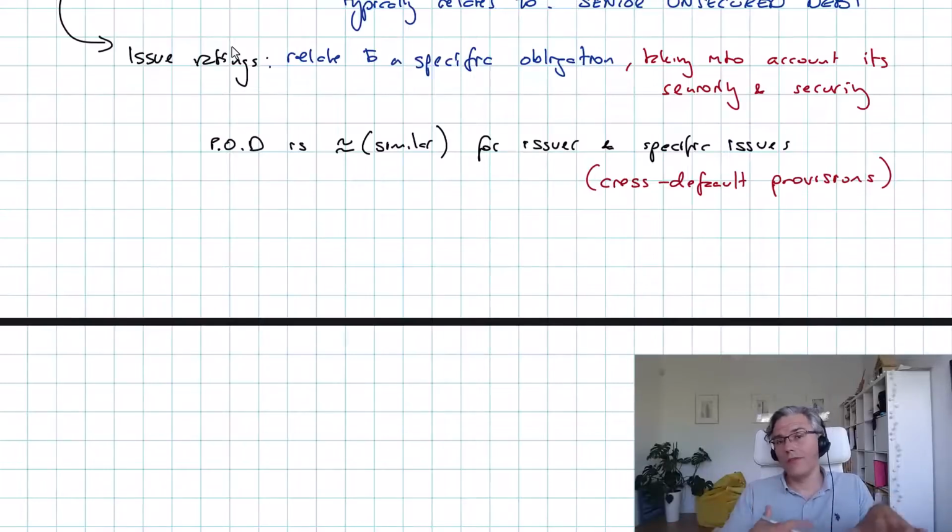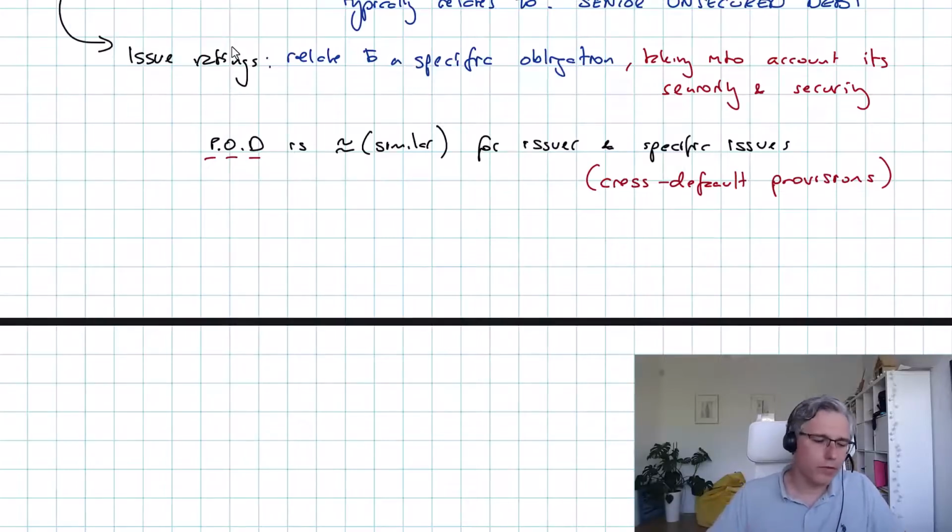So even though you may be holding a bond on which nothing bad has happened yet, the fact that this issuer has encountered problems servicing their other debt, for example, missing a coupon payment on a different bond, will trigger a default on your bond as well, with all of its consequences. So the probability of default across the different issues is pretty much uniform and in line with the probability of default of the issuer as such.